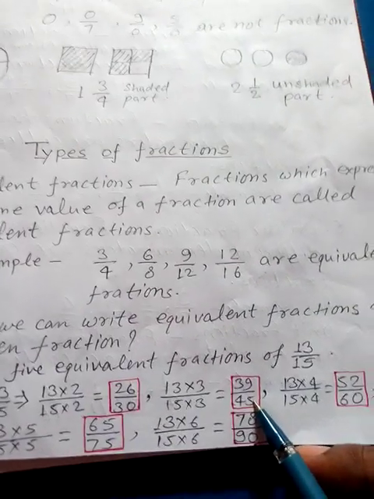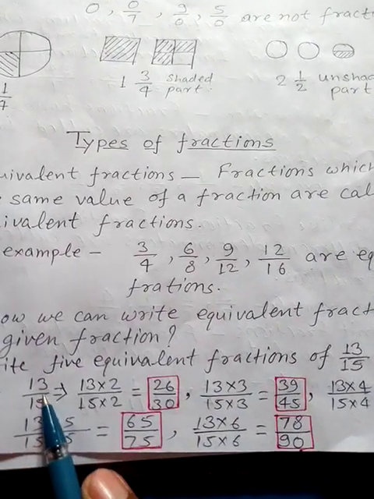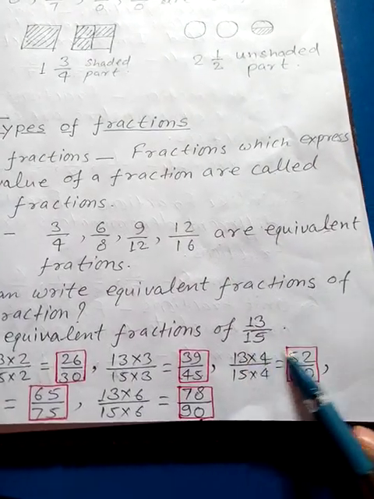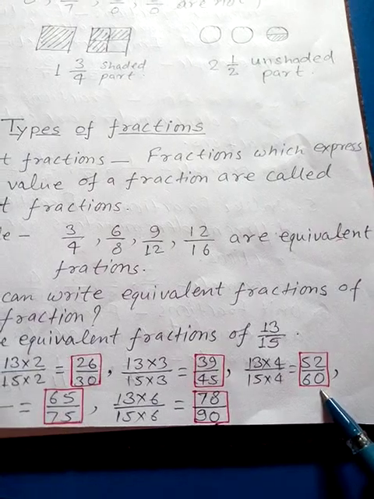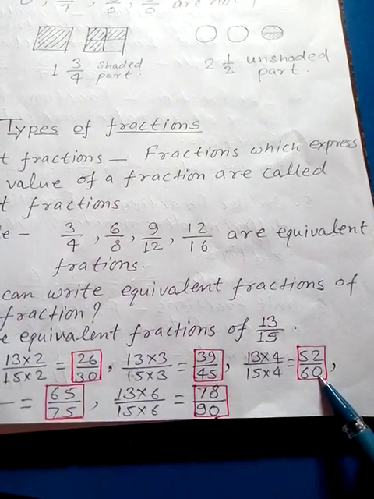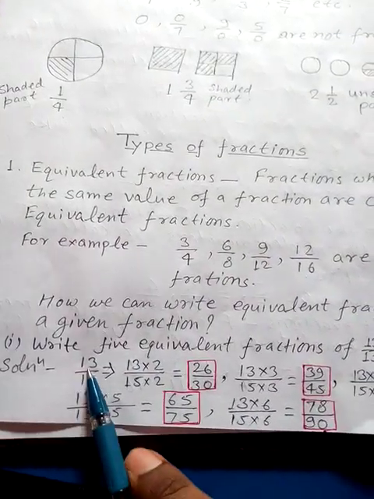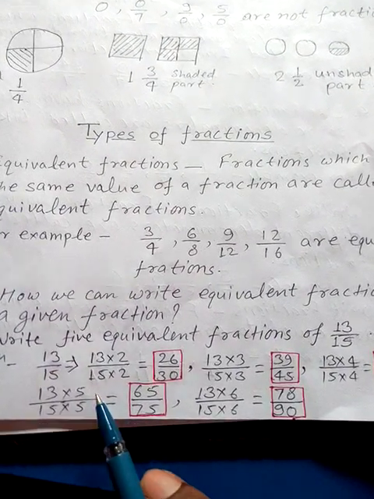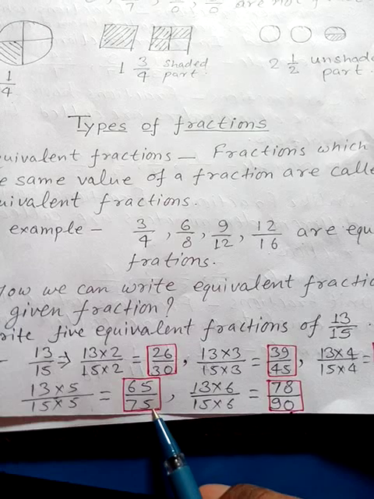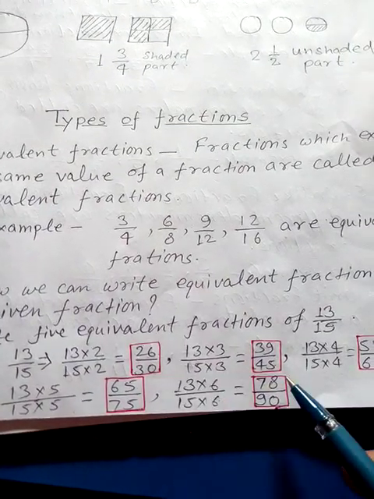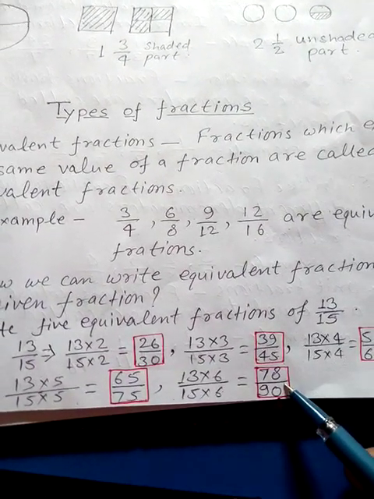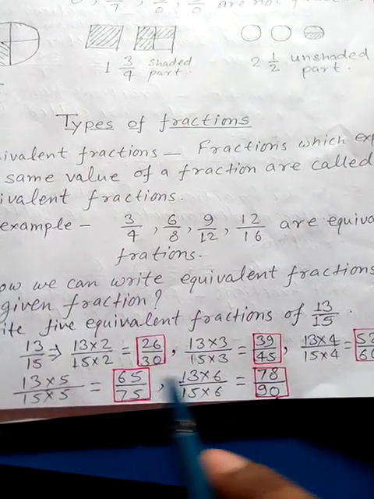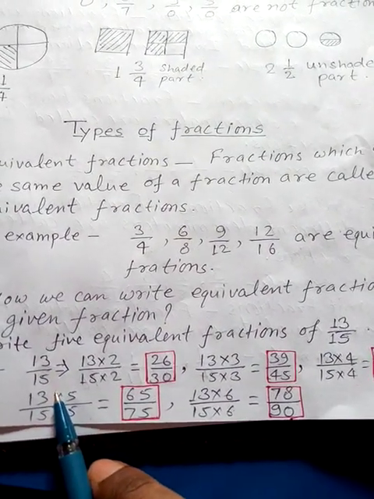If you multiply by 4, you will get 52 by 60. Multiply by 5, you will get 65 by 75. Multiplied by 6, you will get 78 by 90. These are 5 equivalent fractions of 13 by 15.